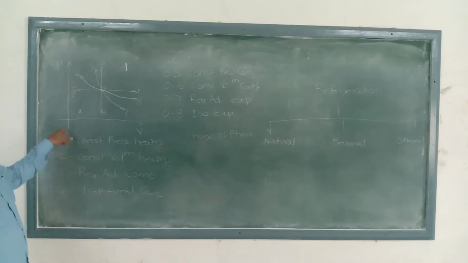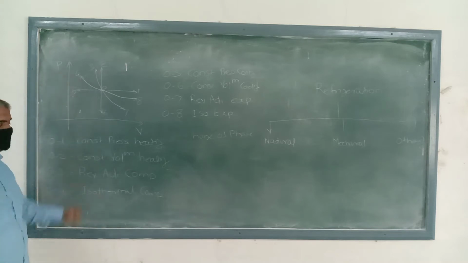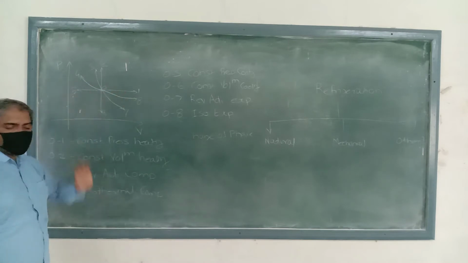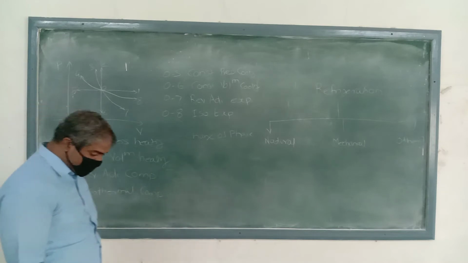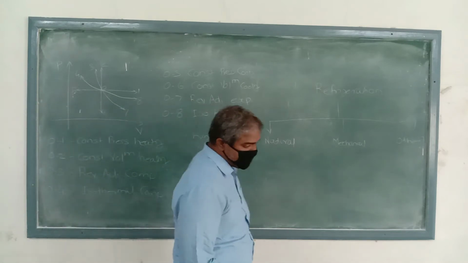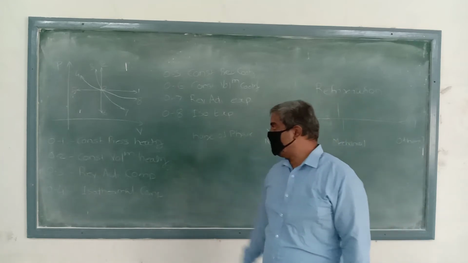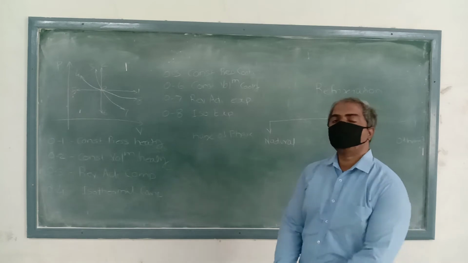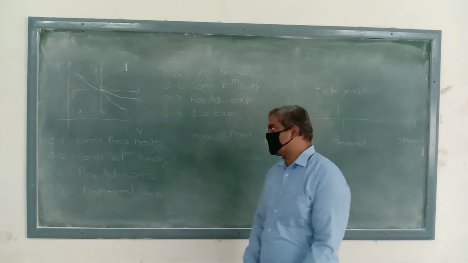This is the volume line, and vertical is the pressure line. On this PV plot I have drawn various processes: constant pressure process, constant volume process, reversible adiabatic process and isothermal processes. One by one we are going to discuss all these processes.